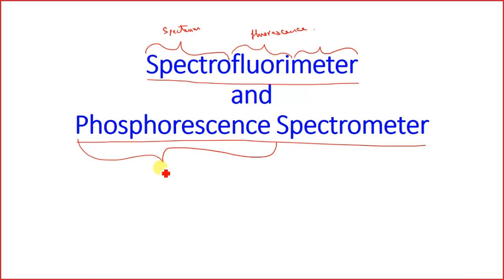We will see how fluorescence and phosphorescence differ from each other, and this phosphorescence is also regarded as delayed fluorescence. Okay, and the spectrometer which is used for the measurement of the phosphorescence is regarded as phosphorescence spectrometer. Okay.